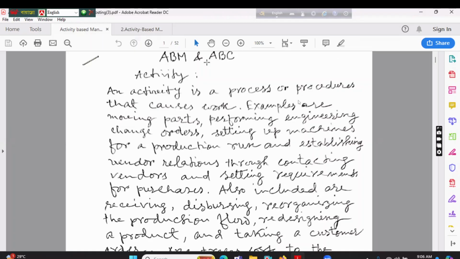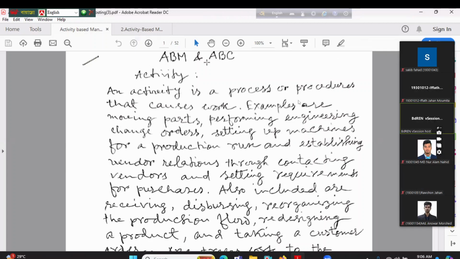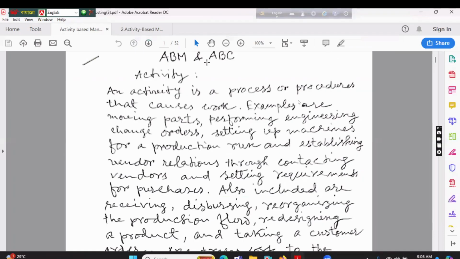Here we'll review 7th semester's topic and we'll discuss advanced level.